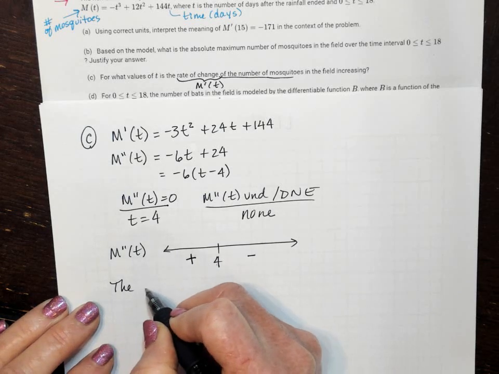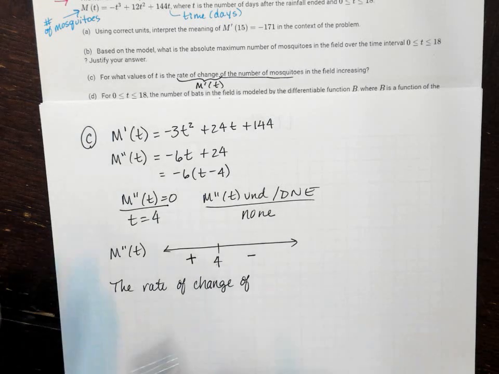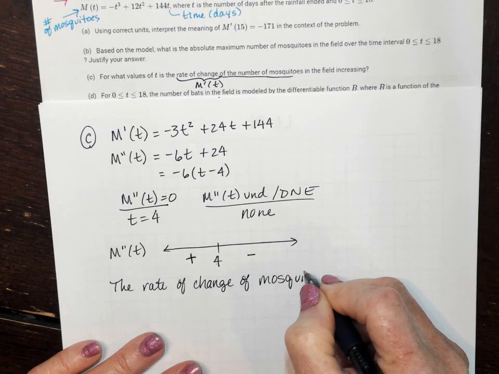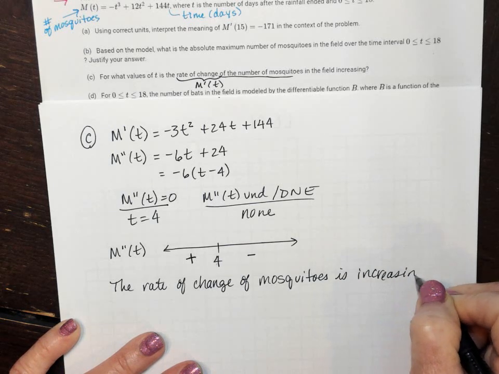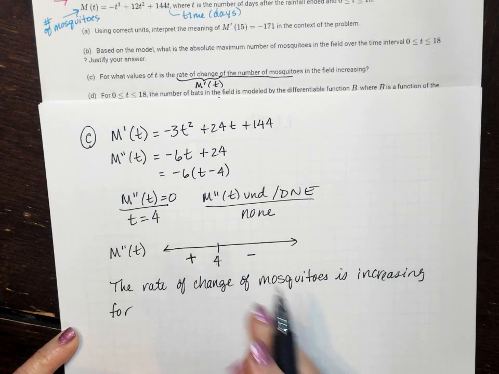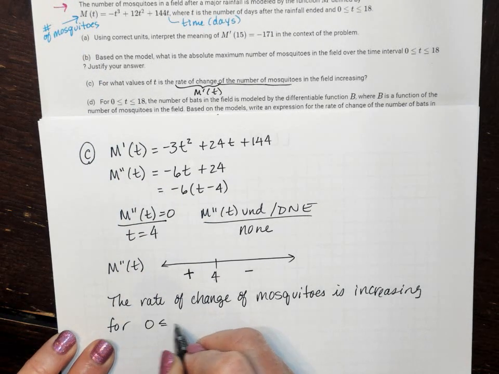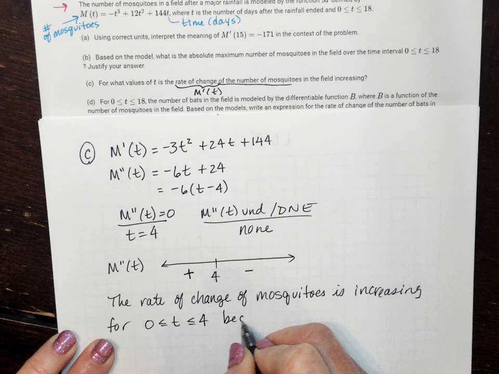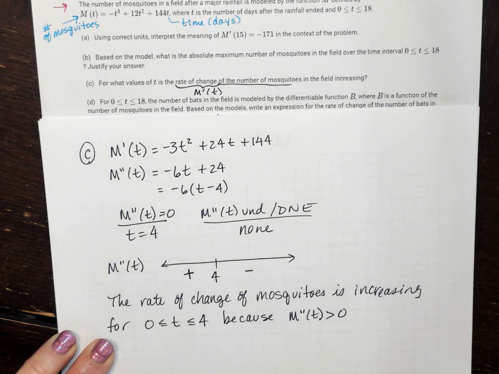So we can say the rate of change of mosquitoes is increasing. All right, what's that interval? It's not just strictly less than 4 because our time value was just 0 to 18. So for 0 less than or equal to t less than or equal to 4, because m double prime of t is positive.